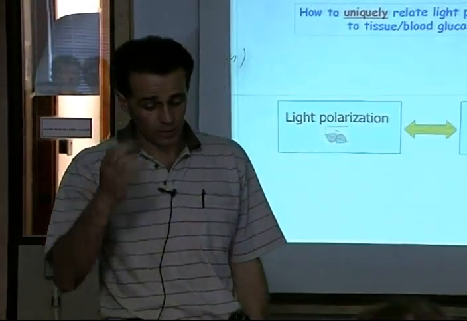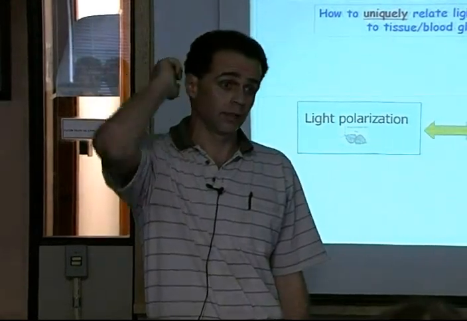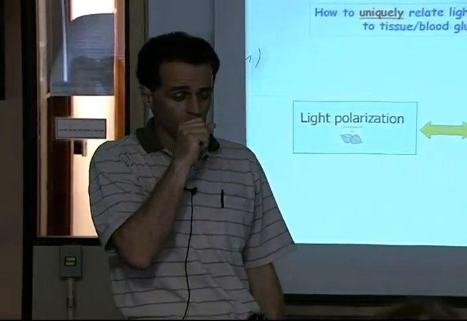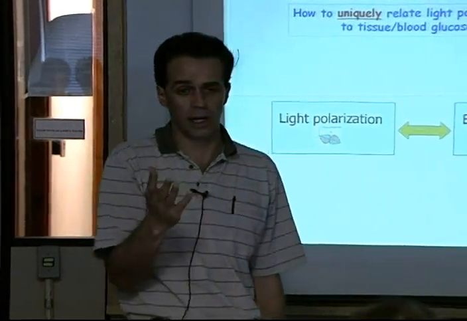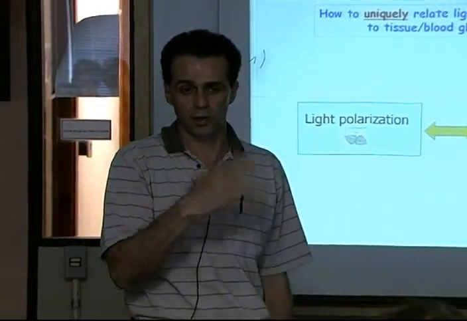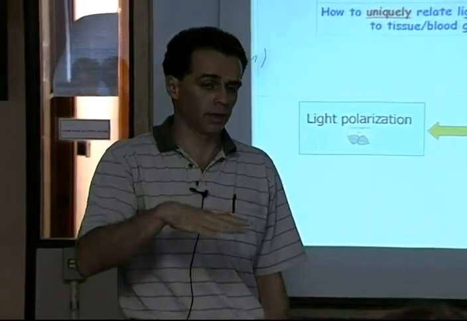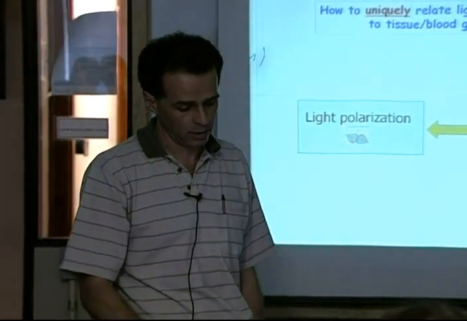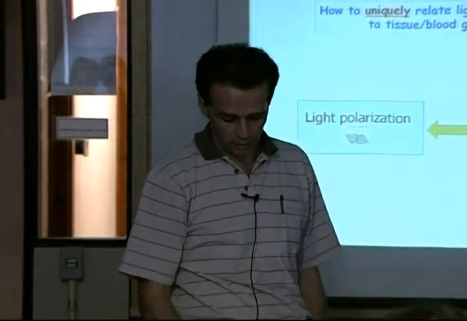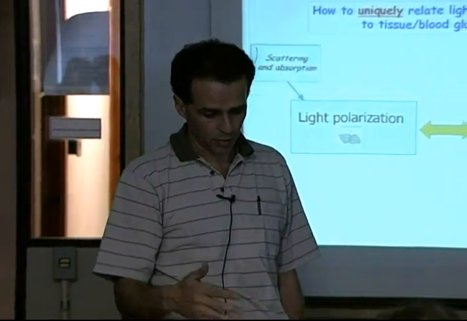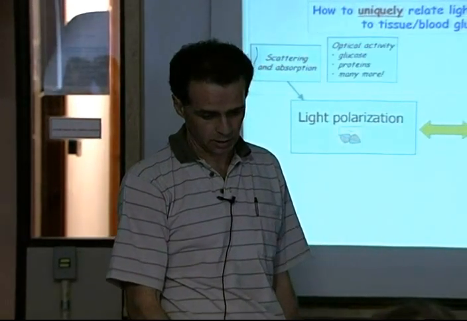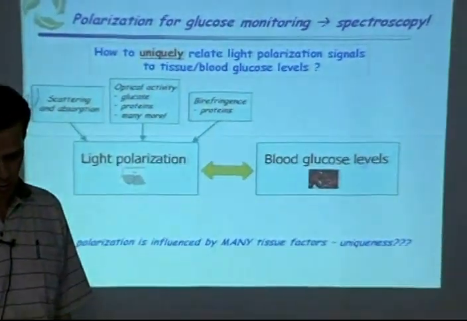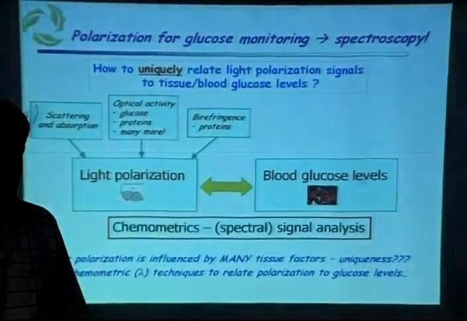It kind of works in principle in simple systems, but getting back to a question we had earlier, what's going to happen in tissue? Glucose is not the only optically active species. Scattering can change in many ways depending on temperature, depending on physiology, depending on pigmentation, etc. So the idea, which we haven't implemented yet, but we have some grants to do that, is to do this as a function of wavelength.